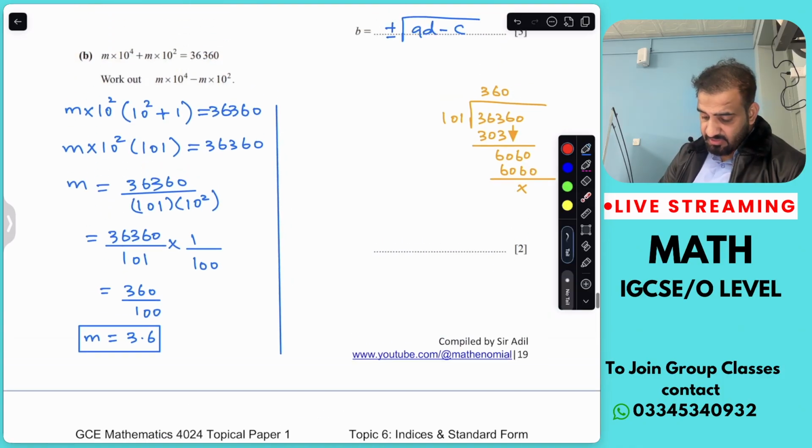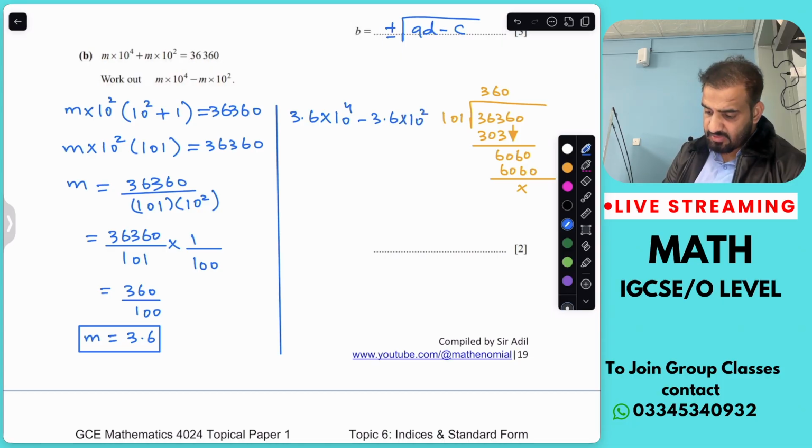Now let's substitute this value of M here. So this will become 3.6 cross 10 raised to power 4 minus 3.6 cross 10 raised to power 2. So you can write 3.6 cross 10 square times 10 square minus 3.6 cross 10 square. So it is 3.6.